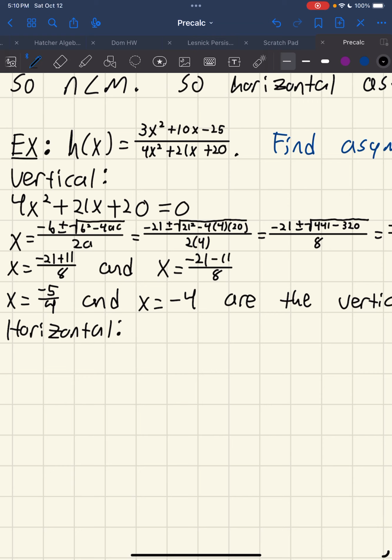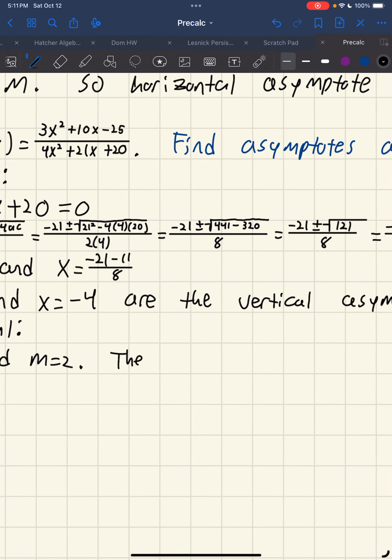Well, the degree upstairs is 2, and the degree downstairs is 2. We've got 3x squared, 4x squared. So what we do in that case is we just divide whatever numbers are in front of them. So therefore, if you want to be cool and mathy, this is the symbol for therefore, 3 dots in the shape of a triangle.